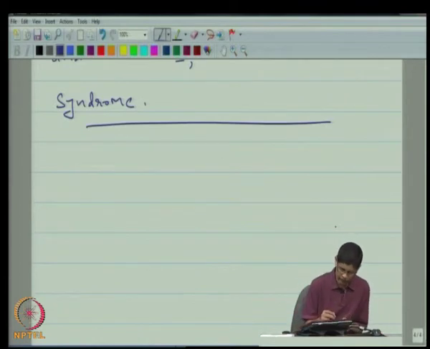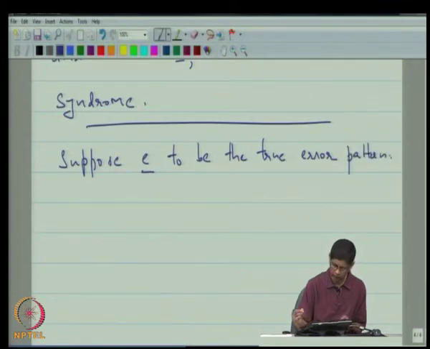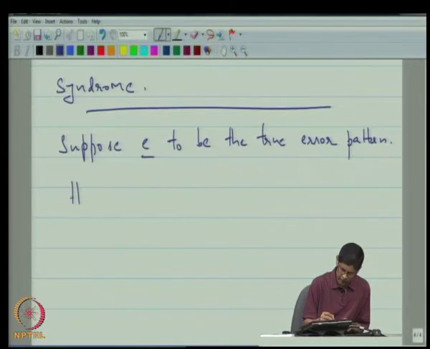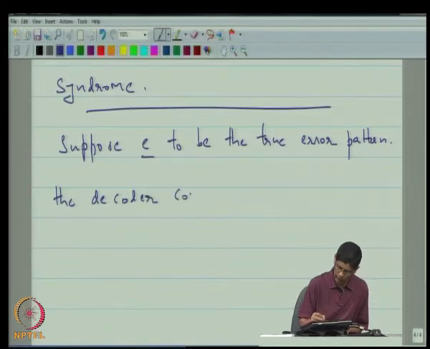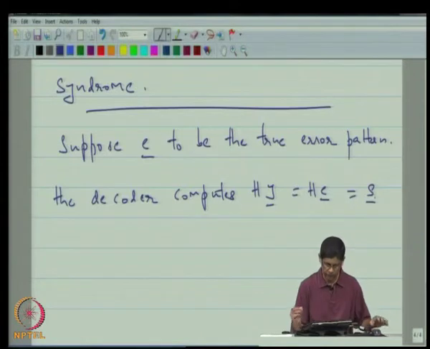So, suppose E is the true error pattern. The decoder computes HY, which is the same as HE, and that is your syndrome.